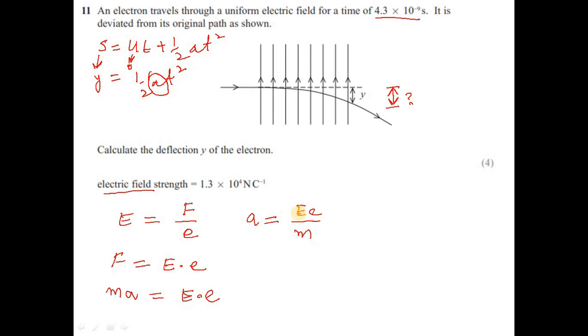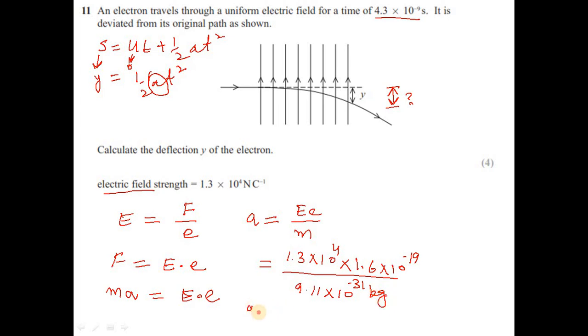E is given, 1.3 × 10^4. e is the charge of the electron. If you remember, that's good. If you don't remember, you can see your data sheet, and m is the mass of the electron. So you can put in the numbers: 1.3 × 10^4, charge of electron 1.6 × 10^-19 coulomb, divided by mass of electron 9.11 × 10^-31 kilogram.